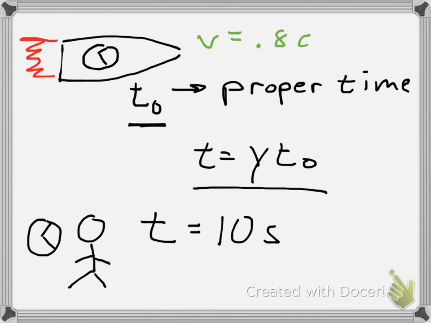Now, of course, in his frame of reference, he doesn't notice any difference as far as how he's living, how the universe is progressing. He experiences time normally. But how I see it is that he only ages 6 seconds while I age 10 seconds. You can imagine if this were to go on for some time, I would continue to get older at a faster rate than he does, which is what we touched on in class a little bit with the twins paradox.